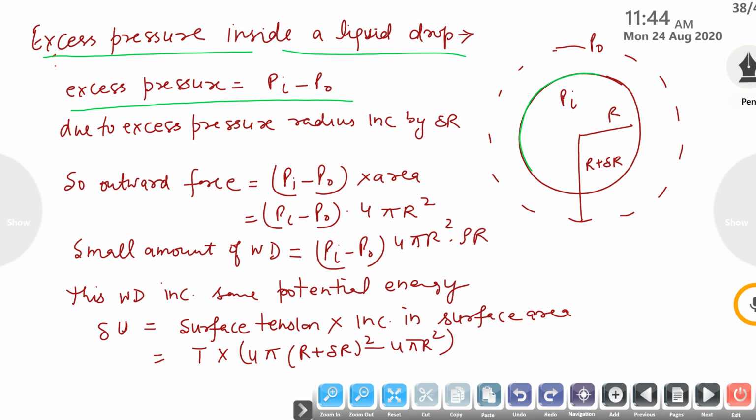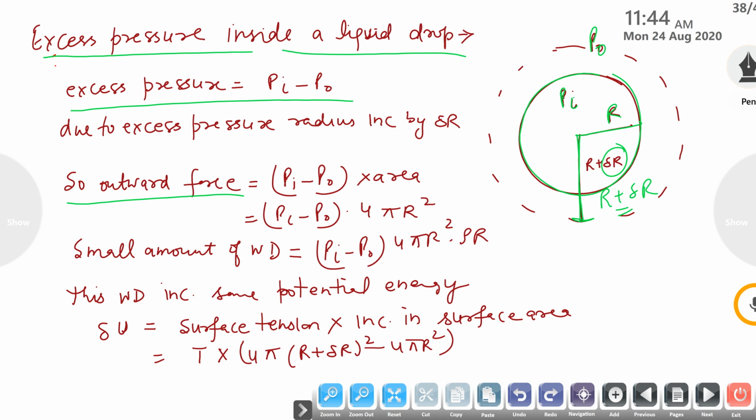Suppose this is the drop and it has a pressure Pi inside, P naught outside. It has a radius R. Now due to excess pressure, it will try to increase its shape or increase its radius. Suppose its radius is increased by a small amount del R. So the final radius is R plus del R.